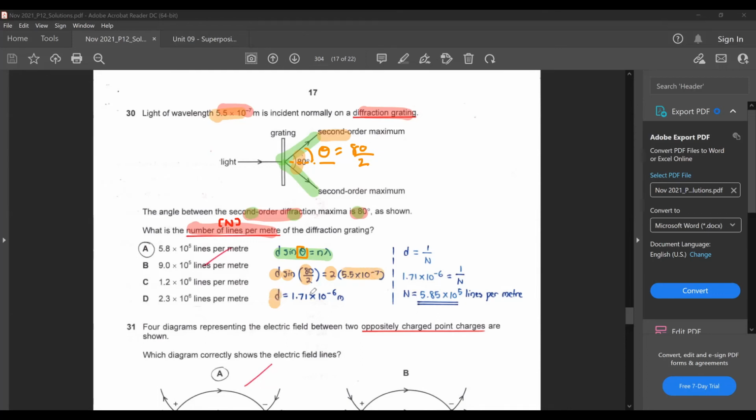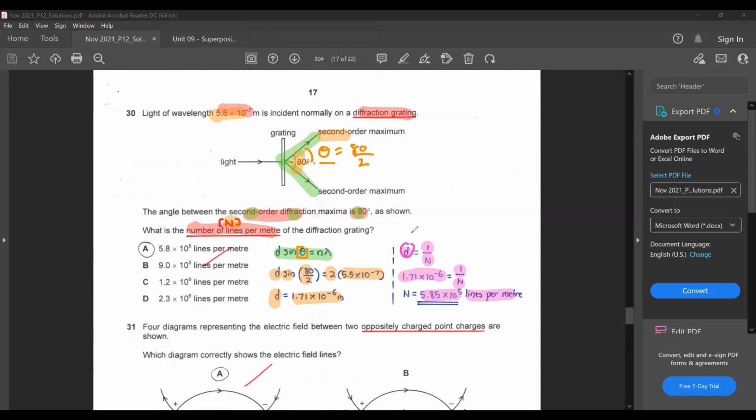Eventually you will get d as 1.71 times 10 power minus 6 meter. Okay, but this one is not complete yet because you want N, the number of lines per meter. So you just use d = 1/N. Eventually you solve for this one, N is 5.85 times 10 power 5 lines per meter.